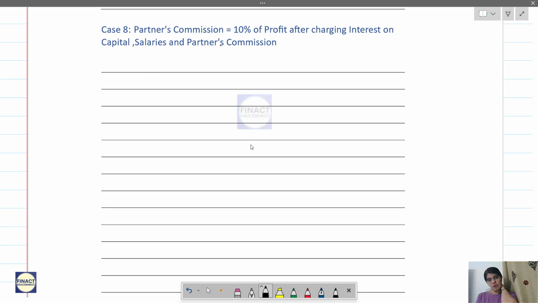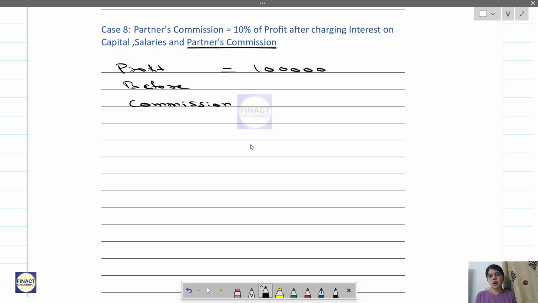Now see here, the problem is that it is after charging partner's commission. Whenever the commission is on the profit after charging partner's commission, there are two unknowns, so we always have to use the formula: rate divided by 100 plus rate, into profit before commission. So let us calculate profit before commission. We have already calculated it so many times. It is 1 lakh plus interest on drawings 20,000 minus 15,000 minus 10,000.